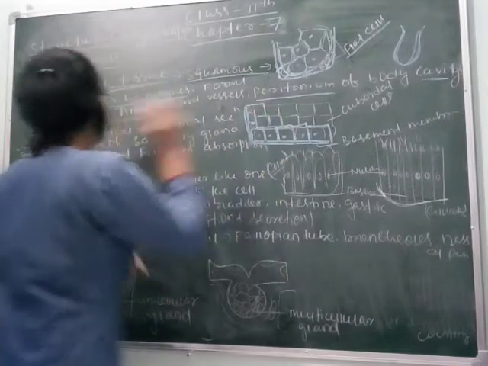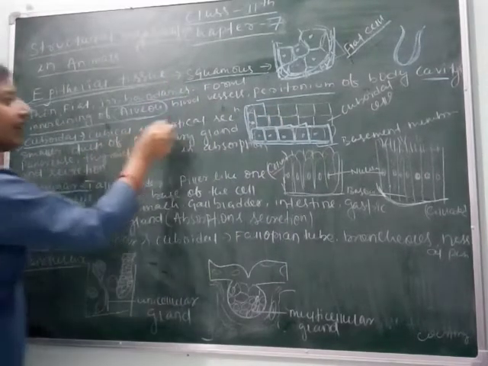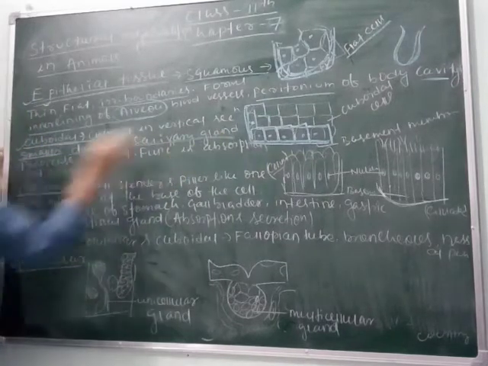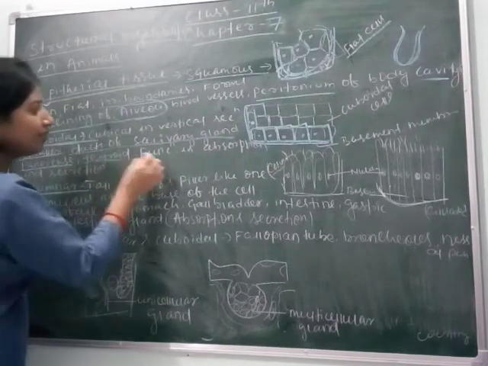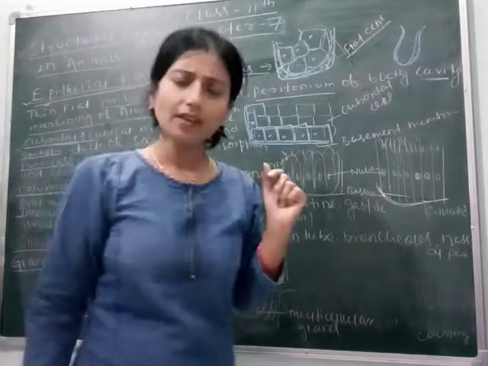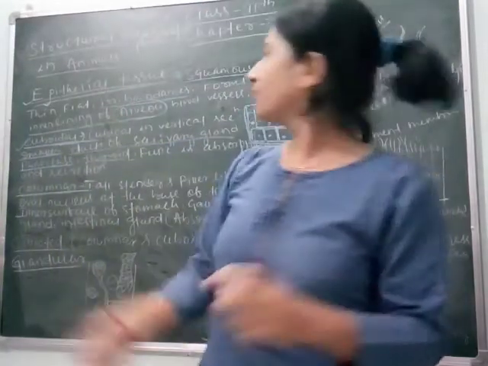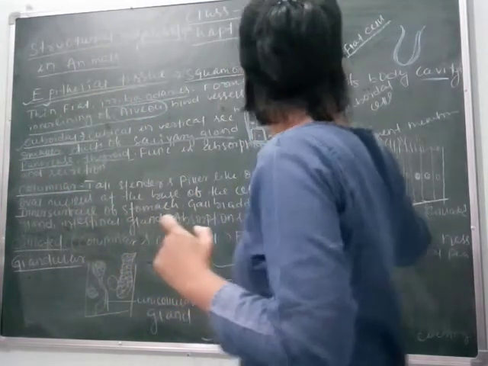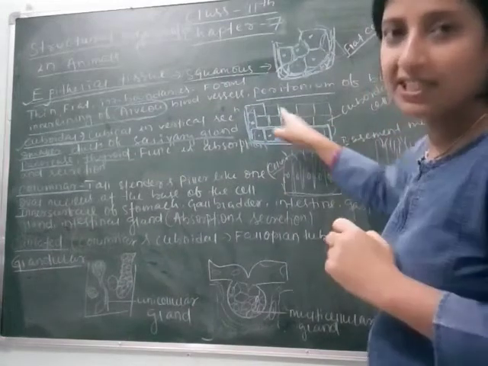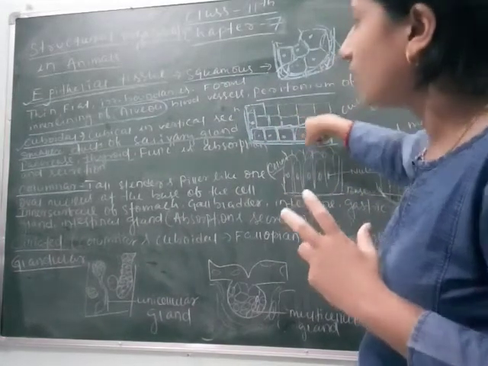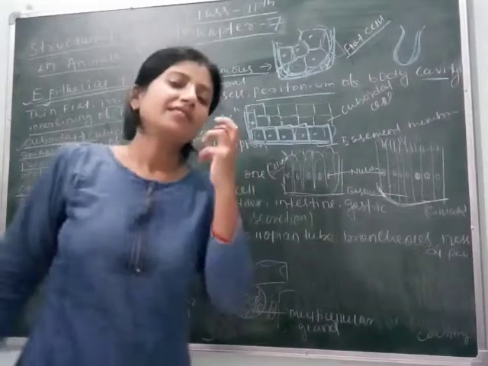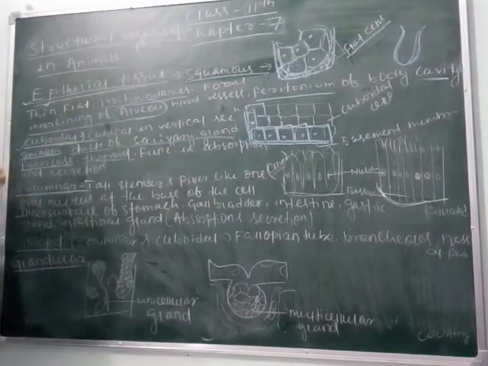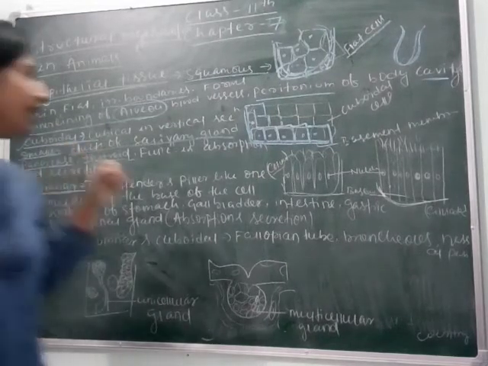It is found in the ducts of salivary gland, pancreas, thyroid, etc. They are cuboidal in shape and have a regular fixed boundary. Here the basement membrane is present through which these cells are attached to form the tissue, and they form the ducts and glands: salivary gland, pancreatic duct, thyroid gland, etc.